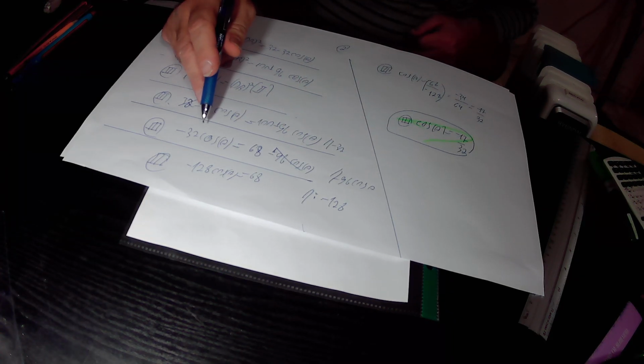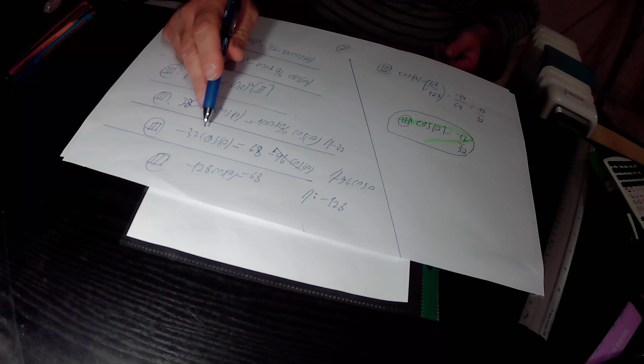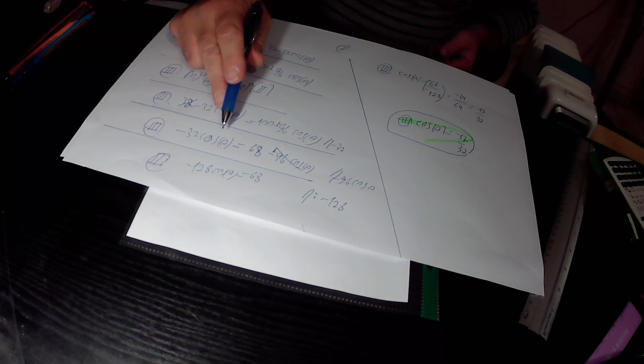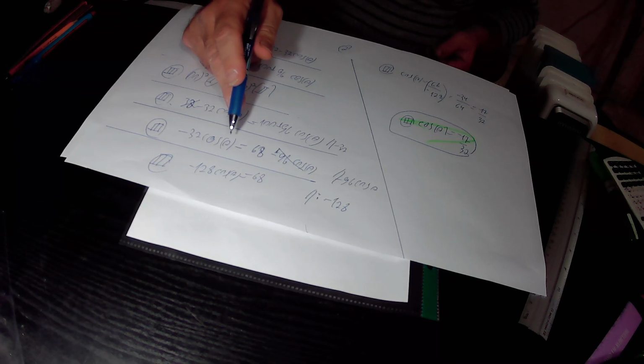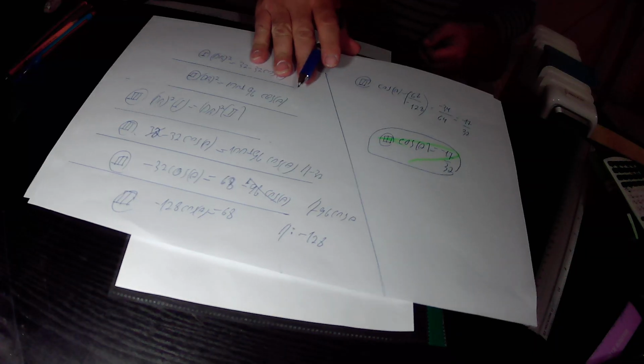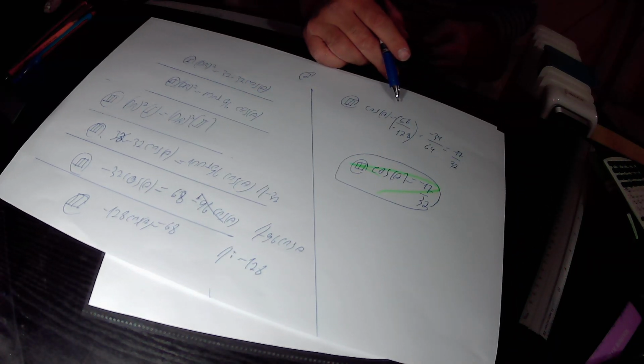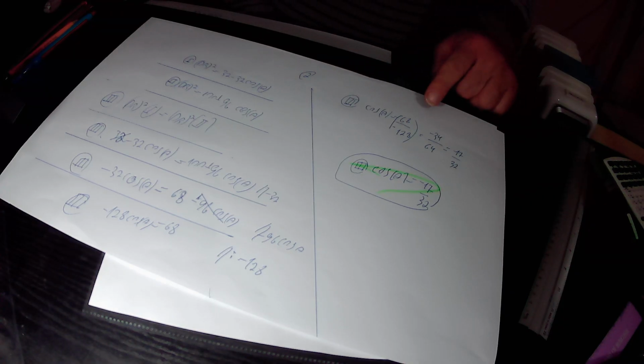Here we divide this equation 3 by minus 128 and find that cosine theta equals 68 over minus 128, so cosine theta equals minus 68 over 128. Here we divide both the numerator and the denominator by 2.